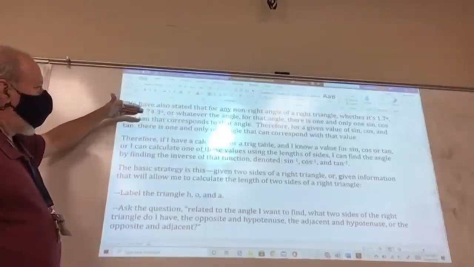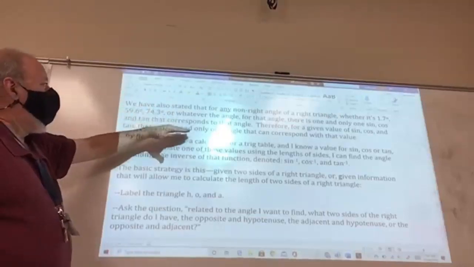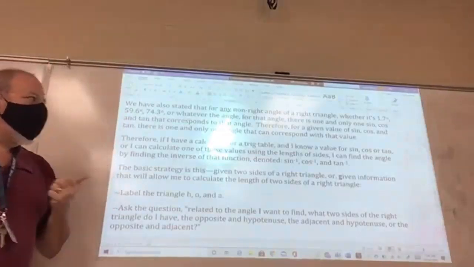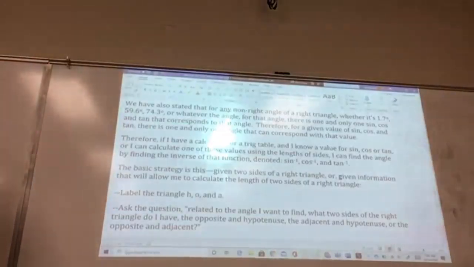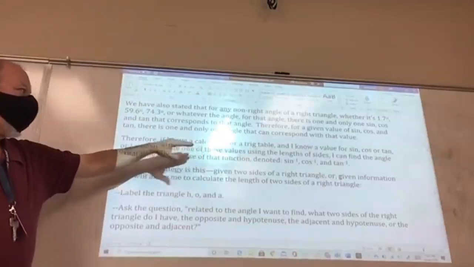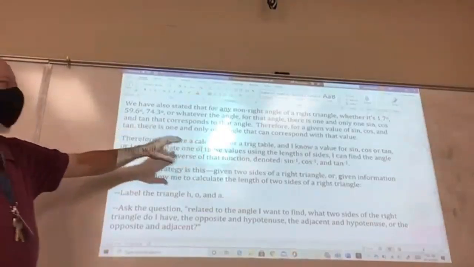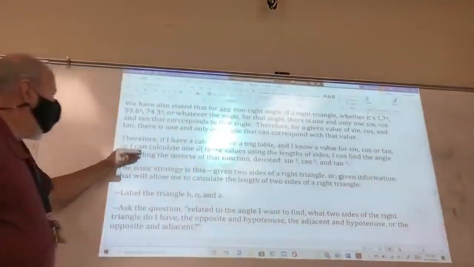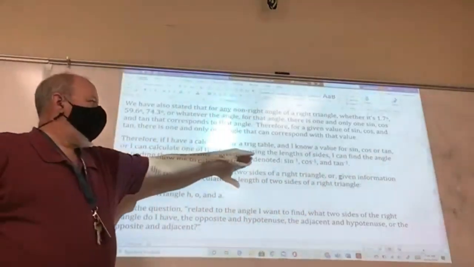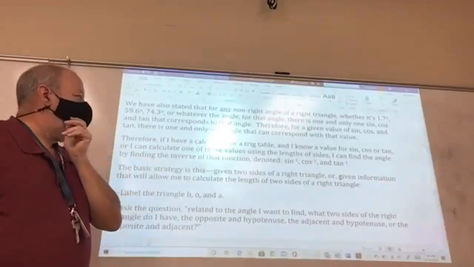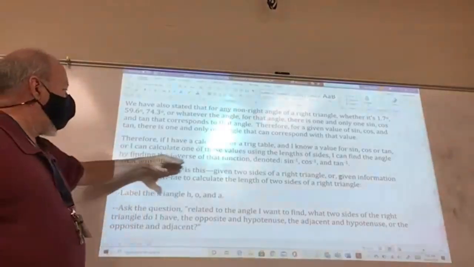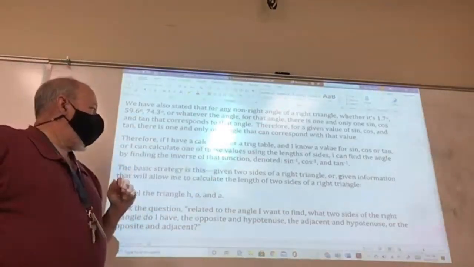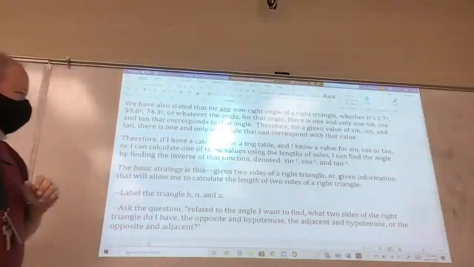Therefore, for a given value of sine, cosine, and tangent, there is one and only one angle that can correspond with that value. So if I have a calculator or a trig table, and I know the value for the sine, the cosine, or the tangent, I can find the angle by finding the inverse of that function.